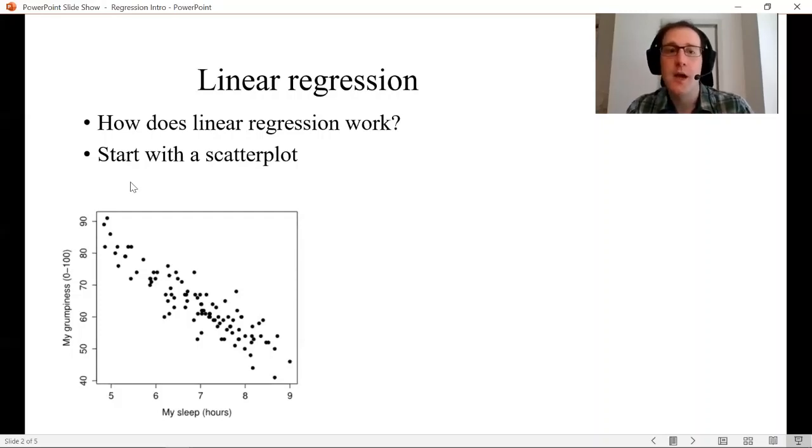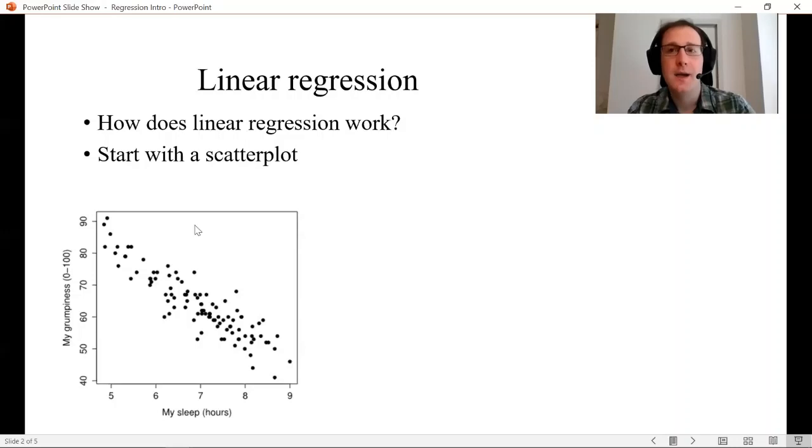And so if we're modeling sleep as the x and grumpiness as the y, here we are making the assumption that how much sleep you get influences how grumpy you are. And it seems here, if we're interpreting it that way, that the more you sleep, the less grumpy you are. So it decreases grumpiness, essentially. So that might be our takeaway from it. Right, so that start is pretty similar to a correlation.